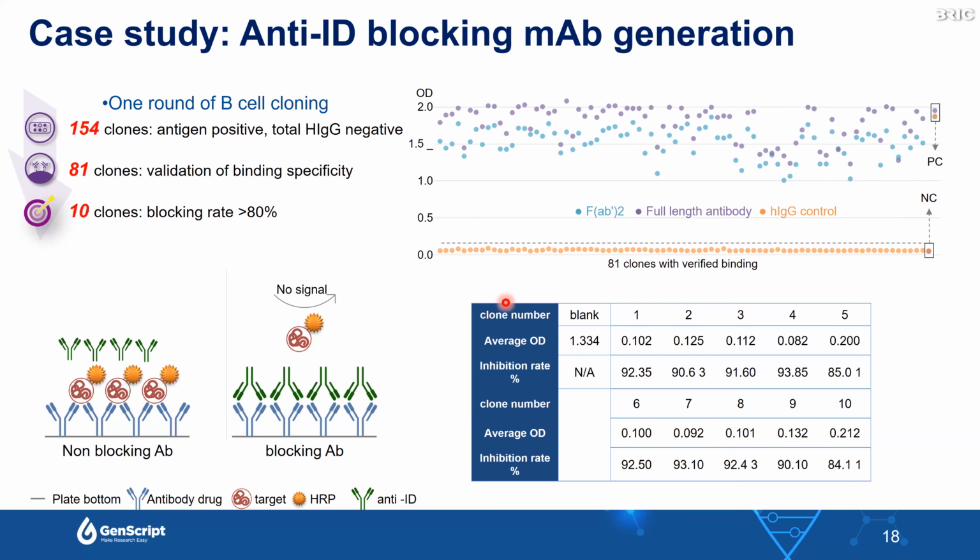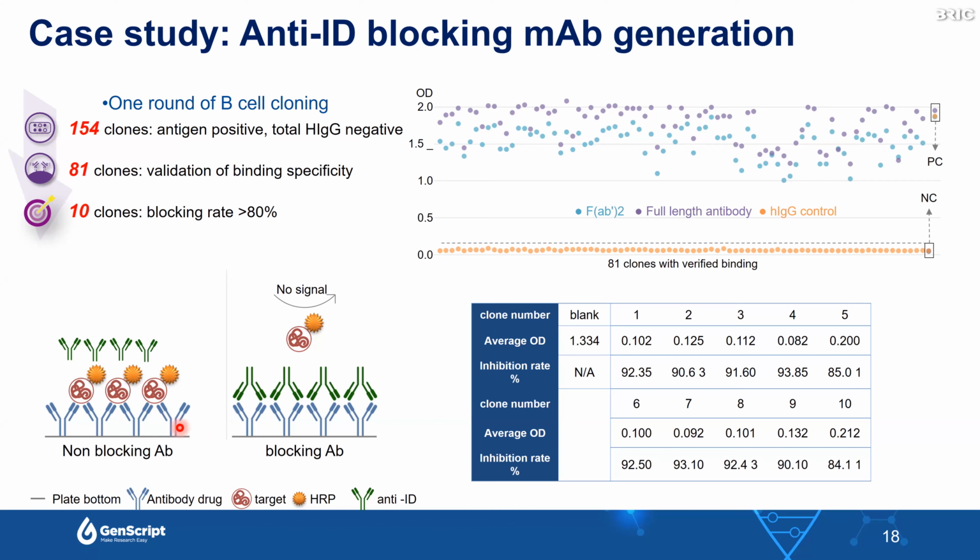Next, we carry out the blocking antibody screening. The blocking antibody screening method of the anti-idiotypic antibody is shown here. In the blank sample, the antibody drug is coated, and then the target is labeled to detect the signal.